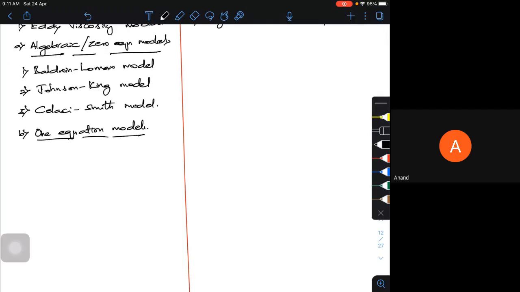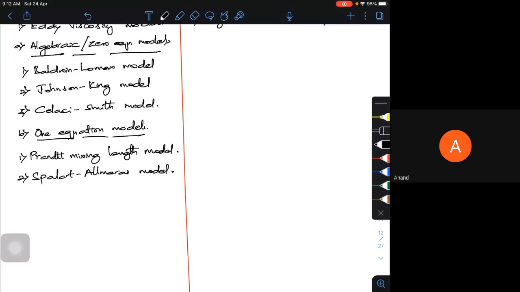The first here is Prandtl, who proposed the mixing length model. Then the Spalart-Allmaras model.